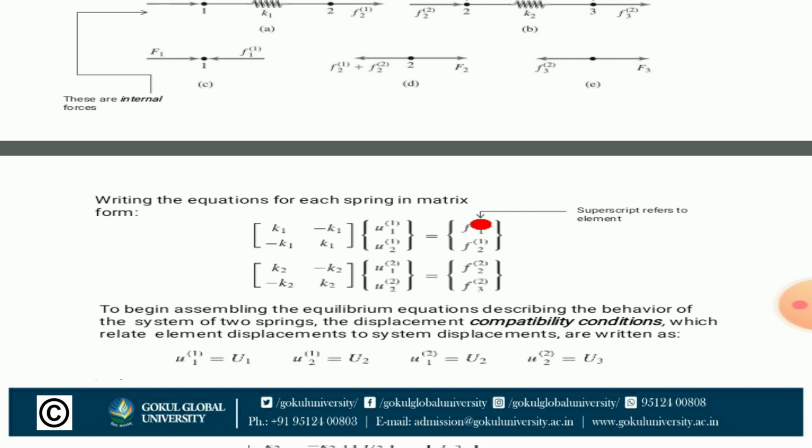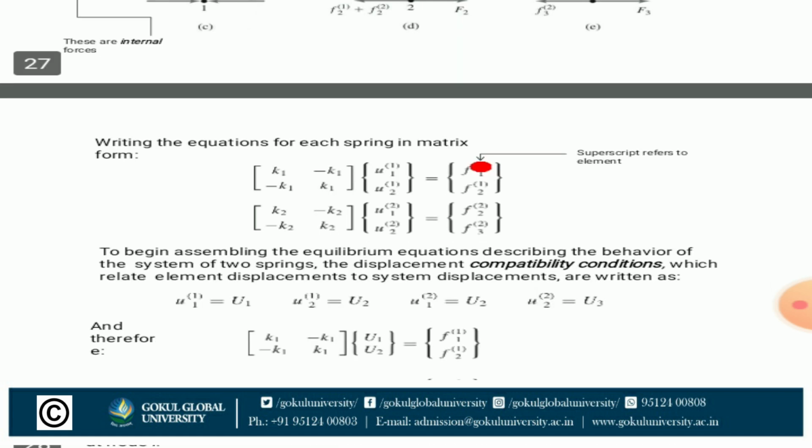Here there are 3 nodes, and in general terms we can prepare a 3 by 3 matrix, right? So we prepare the element connectivity table for K1 and K2, and assemble all of it into one global stiffness matrix, right?